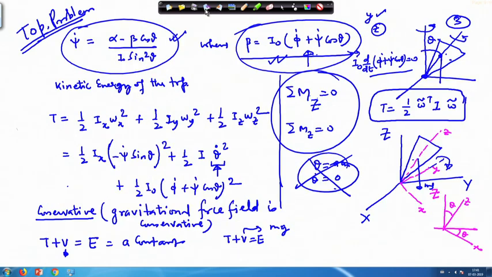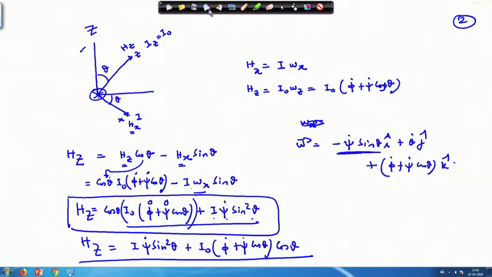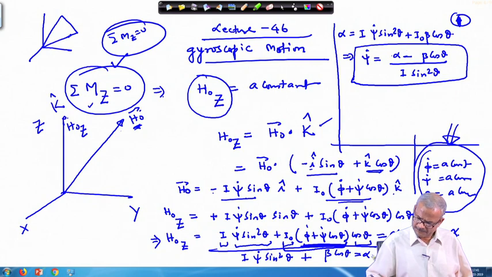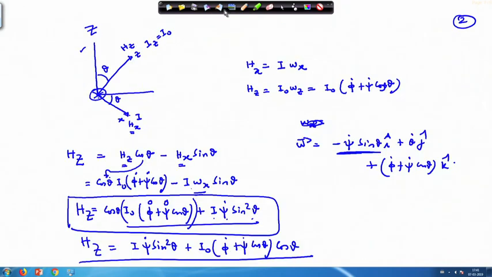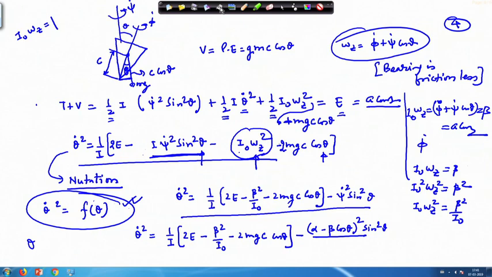Let us go back and look at what beta we have written. This psi dot we have defined like this: alpha minus beta cos theta divided by I sin square theta. So, I sin square theta whole square, and this last term can be simplified.